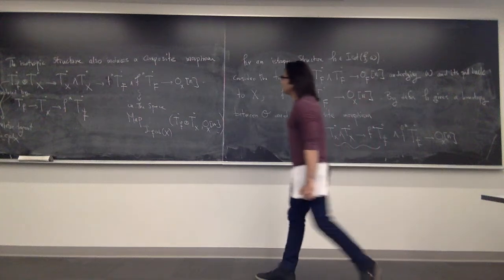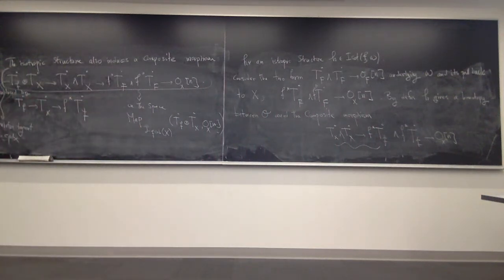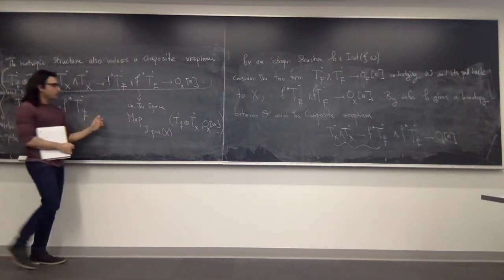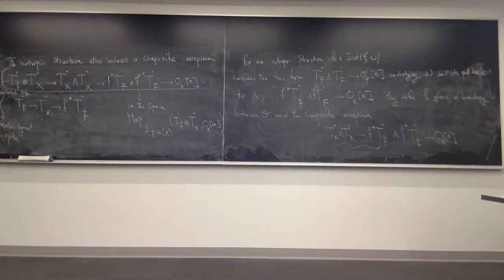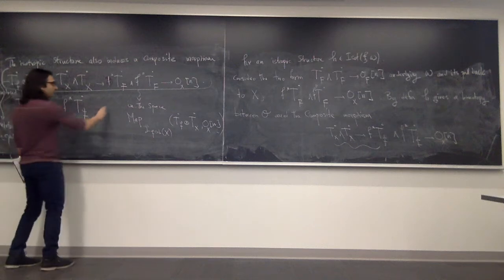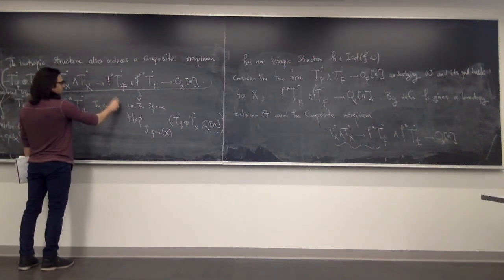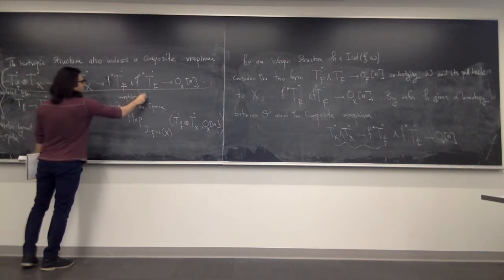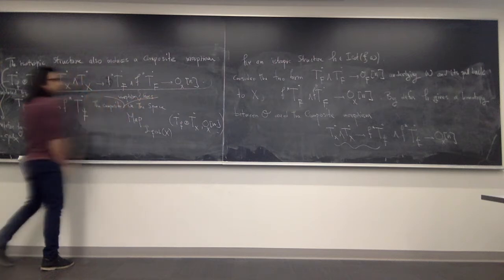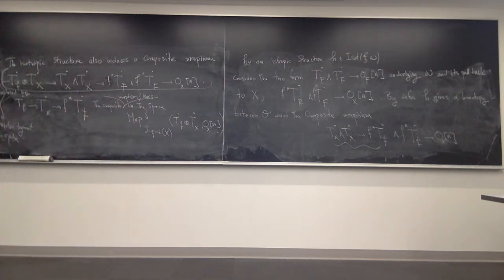If you look at this composite morphism, then the composition of morphisms from here to there gives you a point in this mapping space. The composite morphism lives in the space here.